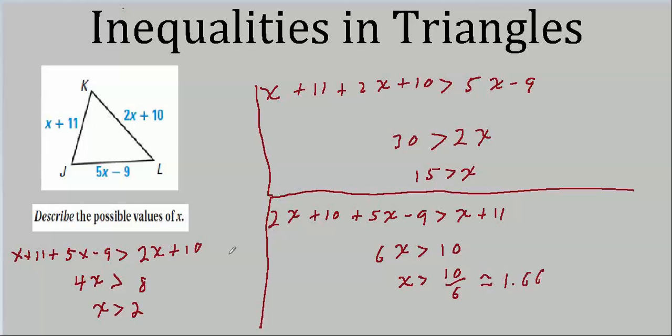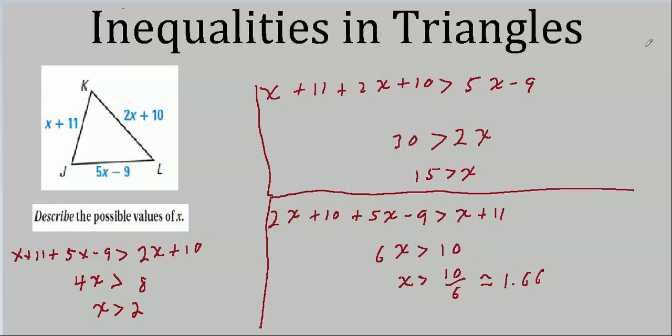That means that if I were to actually use 1.66 or some number between 1.66 and 2, it would satisfy one of the inequalities, but not the other two. We need something that satisfies all of them. Well, if x is greater than 2, it's certainly greater than 1.66. So this part doesn't contradict this, so we can use this. X is less than 15.